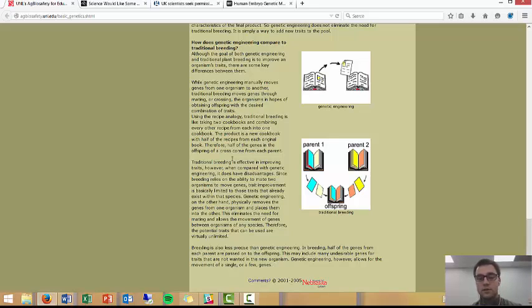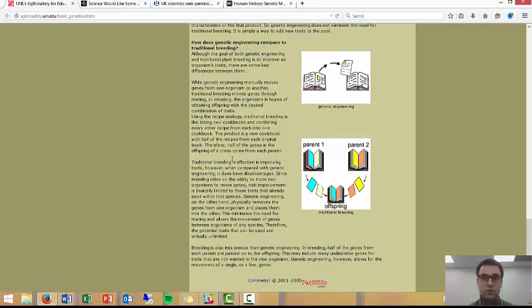Currently what we use this genome restructuring for is to look at plants and see whether we can take away some of the diseases and help them survive certain harsh conditions.